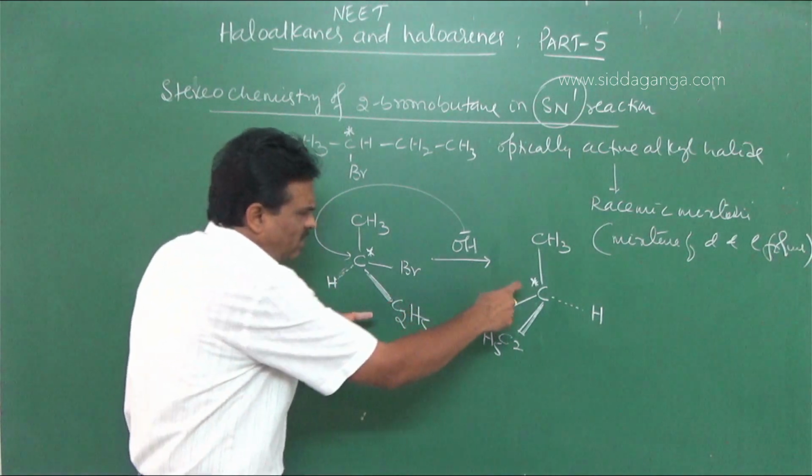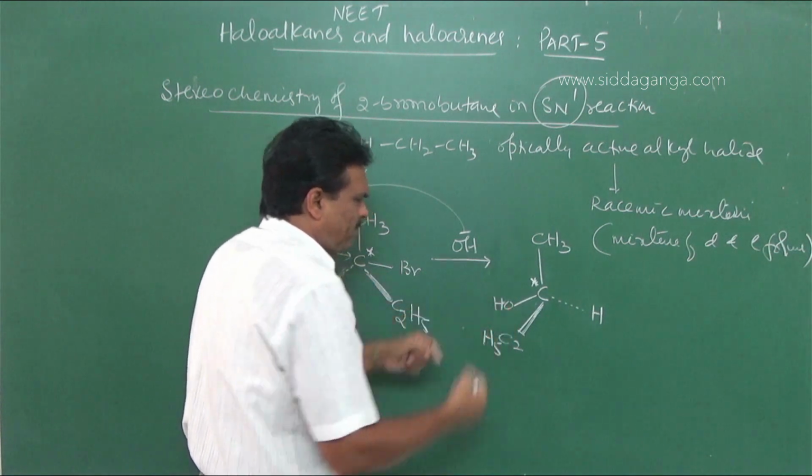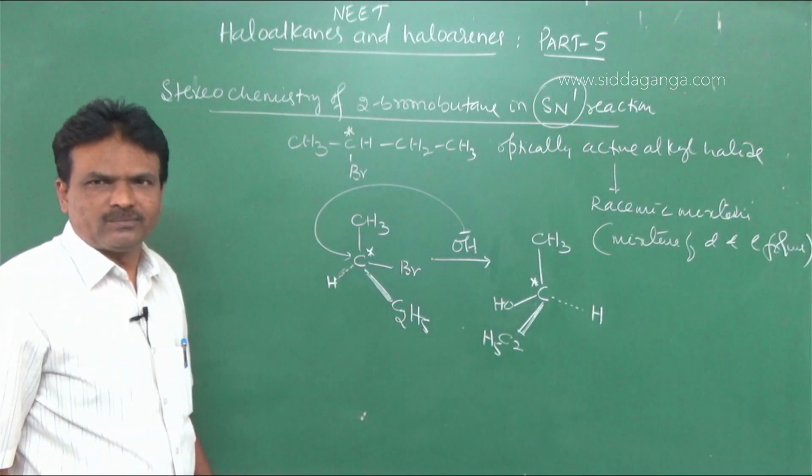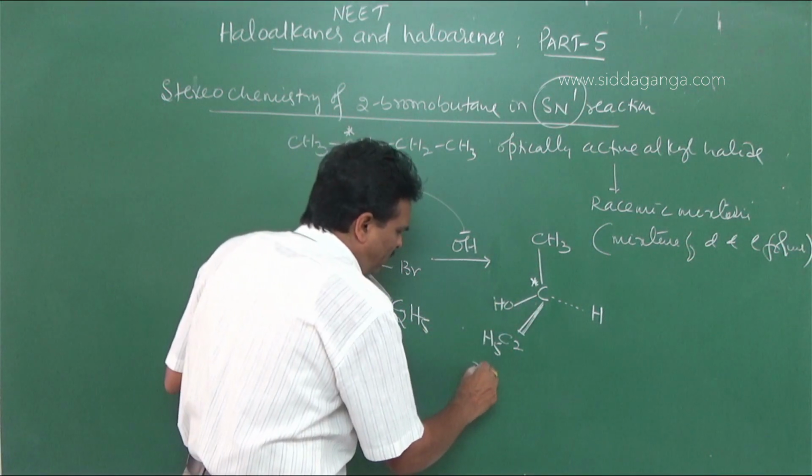Only when the nucleophilic attack takes place in the side opposite to that of halogen does this compound come. So this compound is a mirror image of this one, but Br is replaced by OH. So this is inversion configuration.